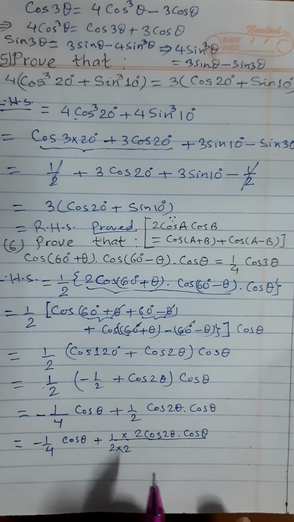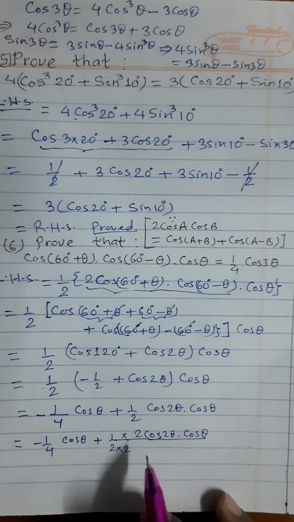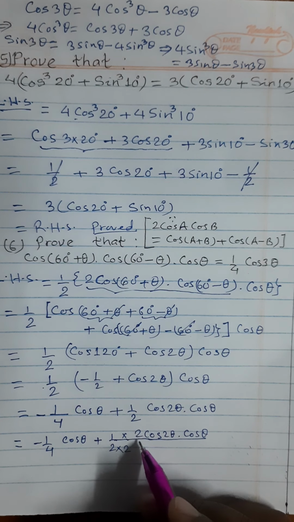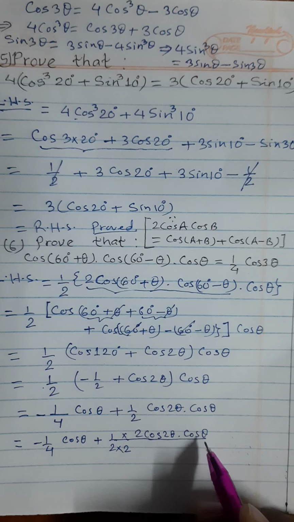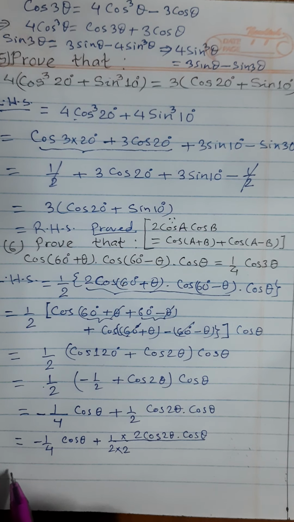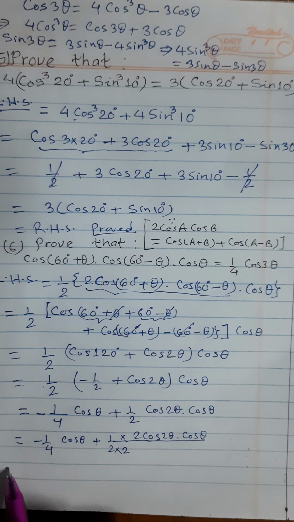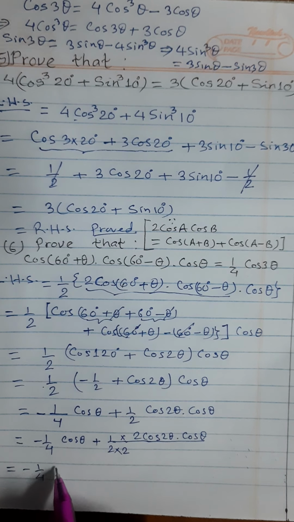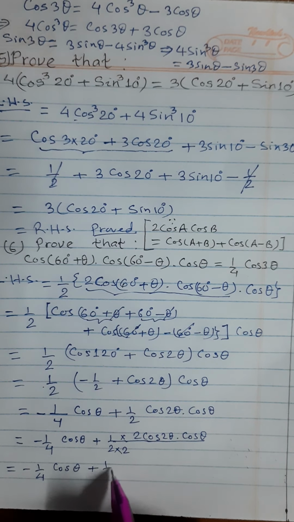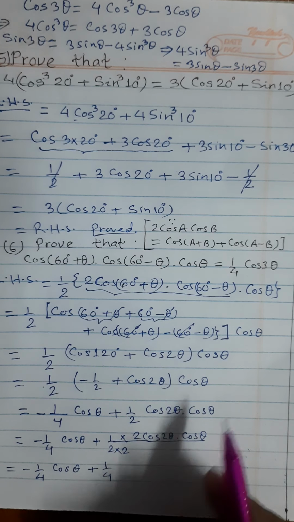Okay, we have multiplied by 2 in numerator and denominator. Again we can use the 2 cos A cos B formula in the numerator, and here we have minus 1 over 4 cos theta plus 1 over 4 using the 2 cos A cos B formula.